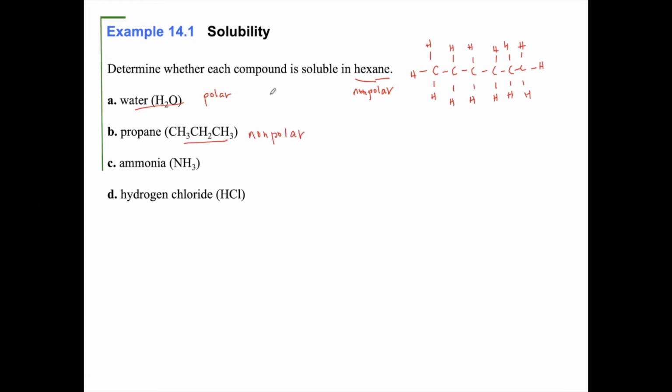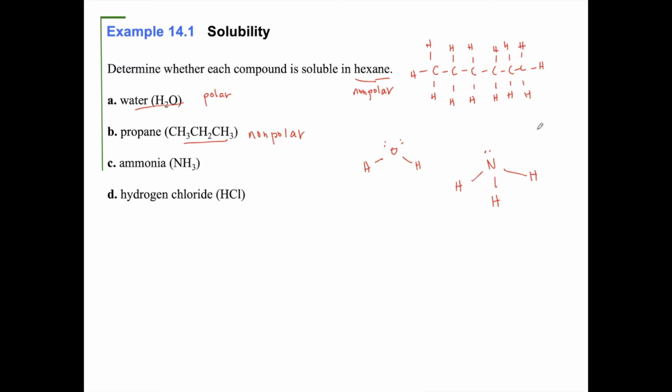Ammonia, maybe I should just draw the structure for ammonia. Well, first I'll draw the structure for water, which everybody knows. Okay, and then ammonia. Okay, so both of these have a permanent dipole.